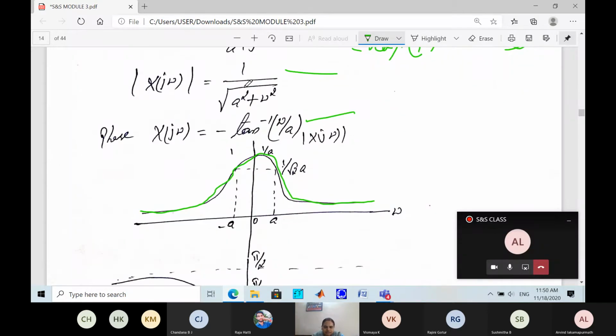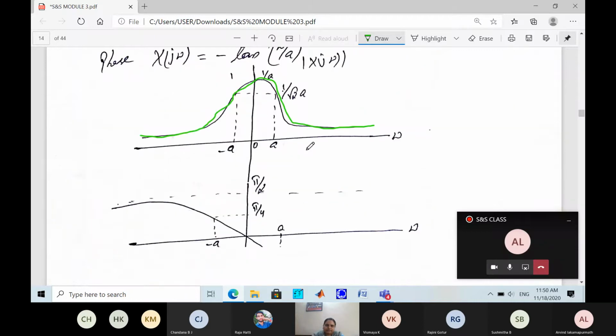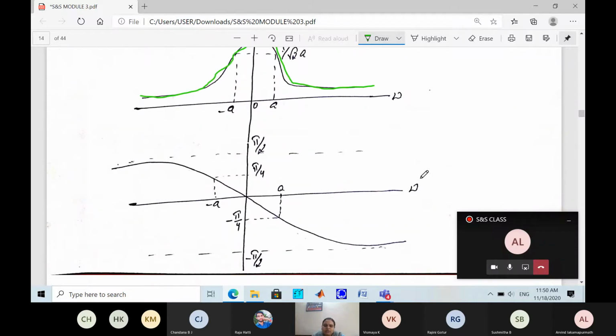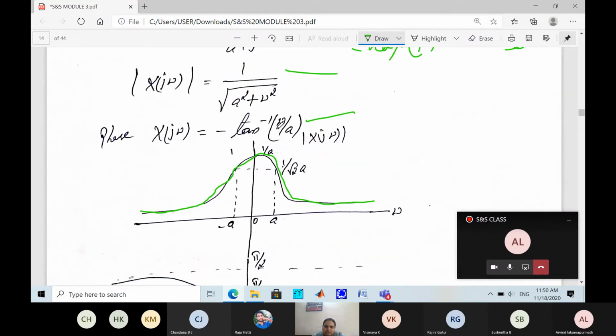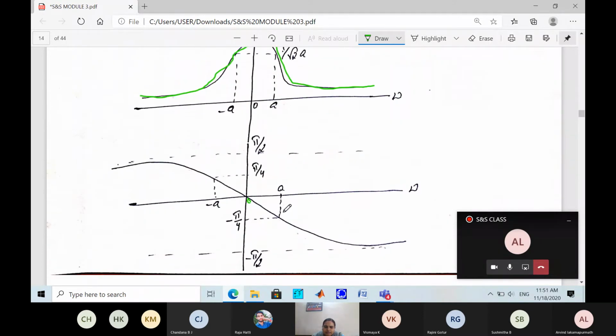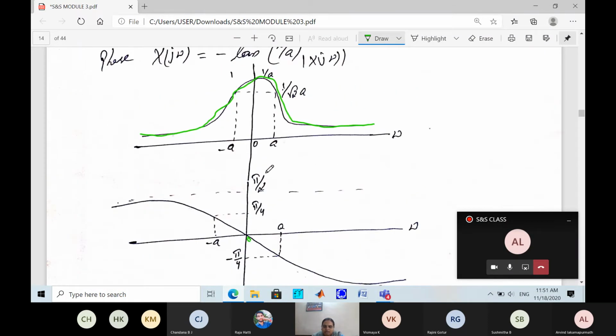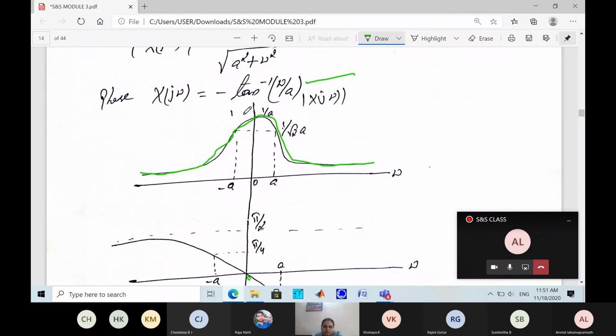Next, about the phase, that is minus tan inverse of omega by a. Here also you substitute for omega. When omega is equal to 0, what will you get? Omega equal to 0 means tan inverse 0. In your calculator you will get that value.